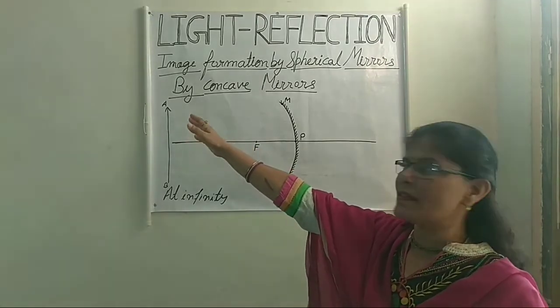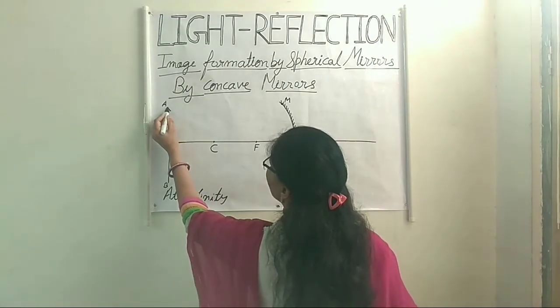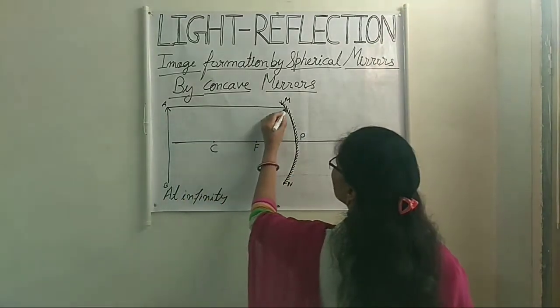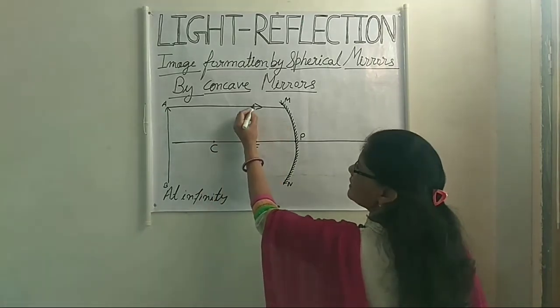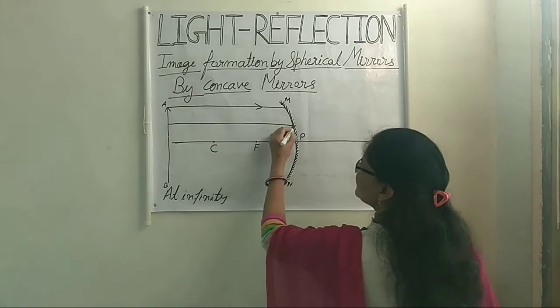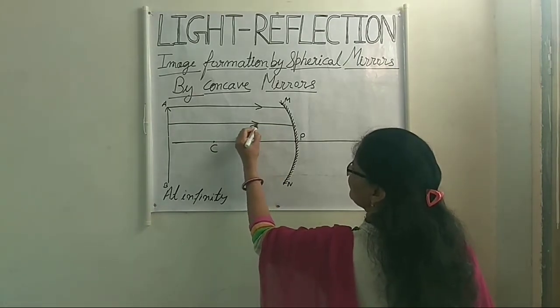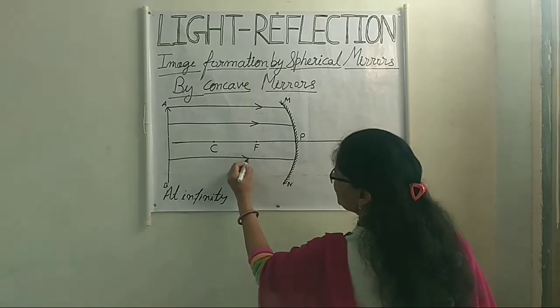Here we are considering the sun as the source. So a parallel beam of light like this strikes our concave mirror. This is the incident ray, the arrow should be here. Again a parallel beam of light, and again a parallel beam of light strikes the mirror.